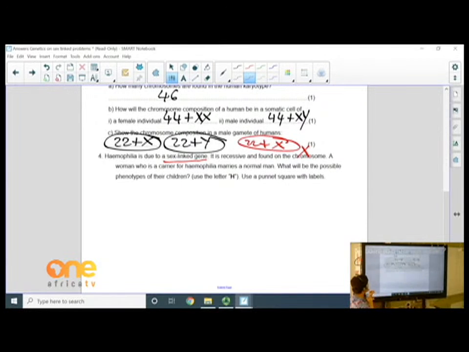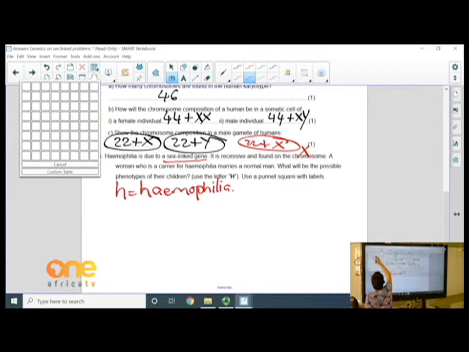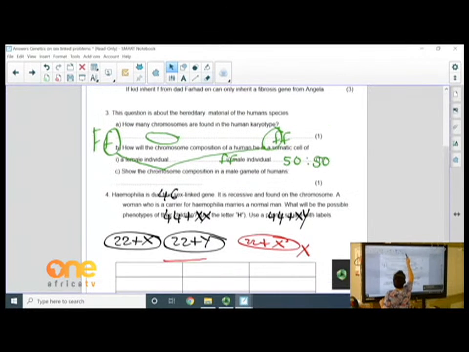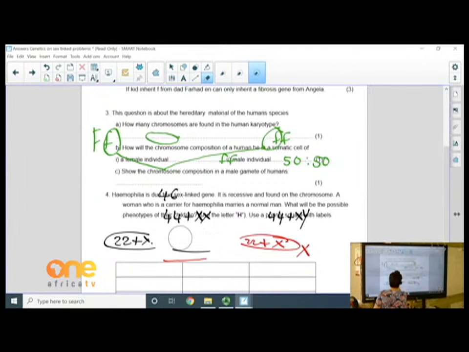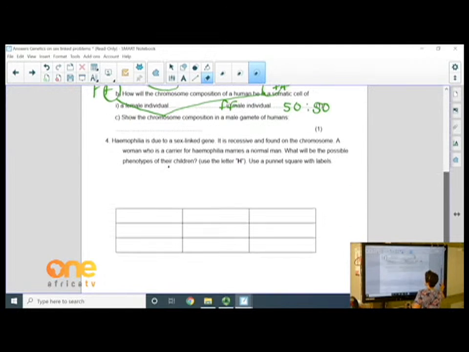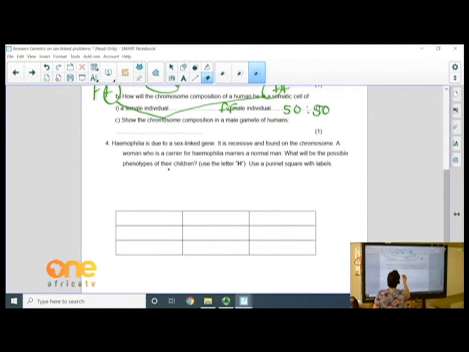So, if it is a recessive gene, the gene for hemophilia looks like this. You agree? So, if we are going to put it in a Punnett square, let's just move down our Punnett square. I'm just going to clear here so that we can easily see the correct answers there. Okay, so we say we have a normal man, and it is a sex-linked gene.